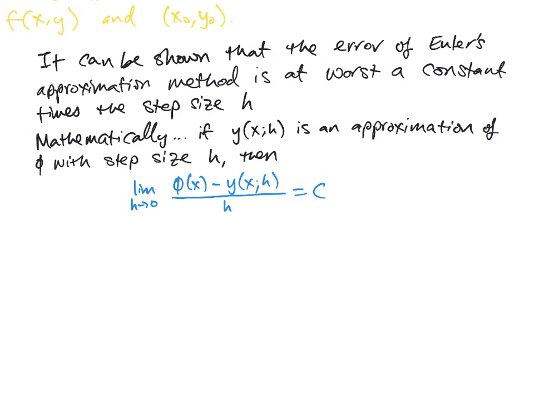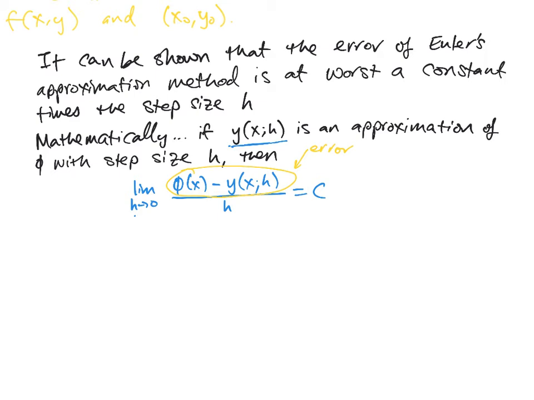So the mathematical way to write this is that if you have some approximation y, which is a function of x, but it's also an approximation of your step size h, which is why we have that h in there, but we've written it with a semicolon. Then you say that as h gets smaller, the limit of the error between your true solution phi and your approximation, this is the error, however you spell error.